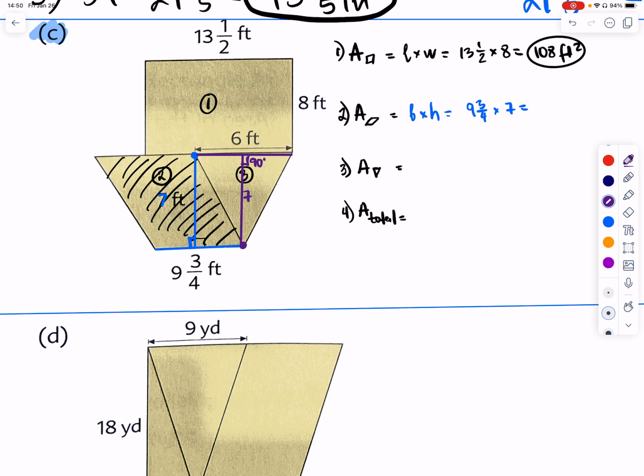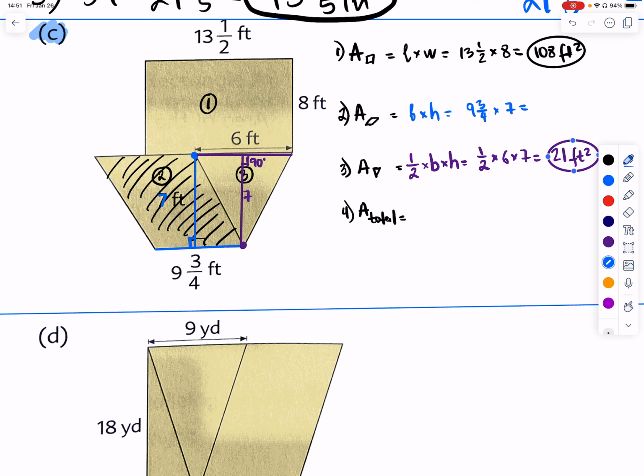This height and this height are absolutely the same, 7 feet, given by the problem. So let's write down the formula for the triangle. It's a half of base times height, and if we substitute the values, we will have half of 6 times 7. This would be 21 feet squared. Let's put that number in a circle.